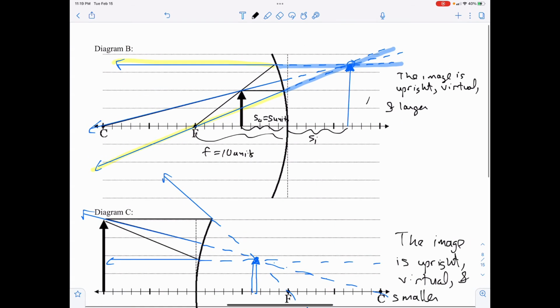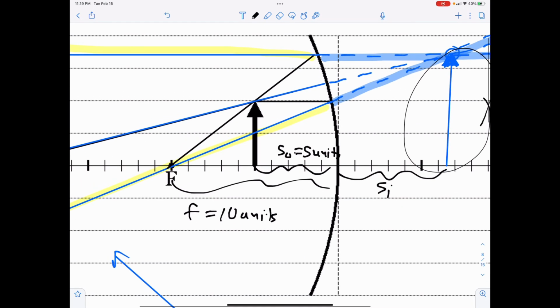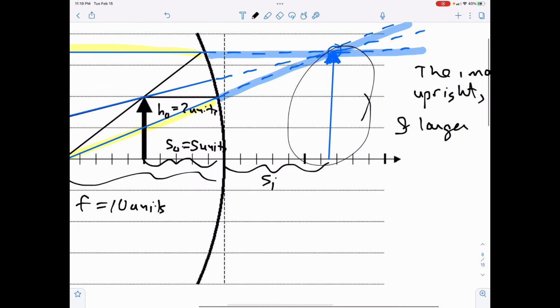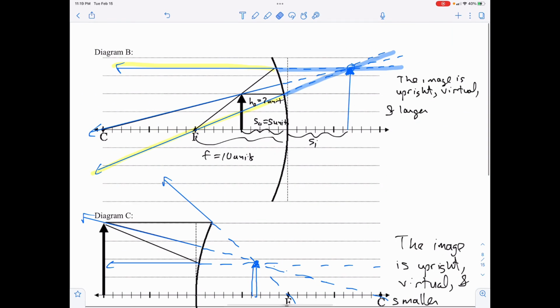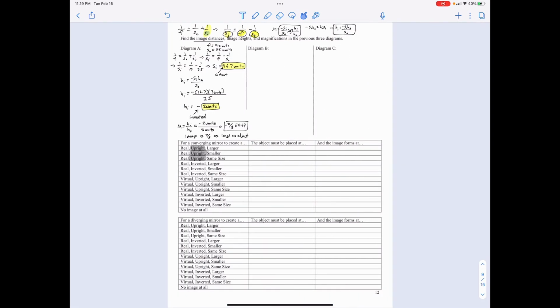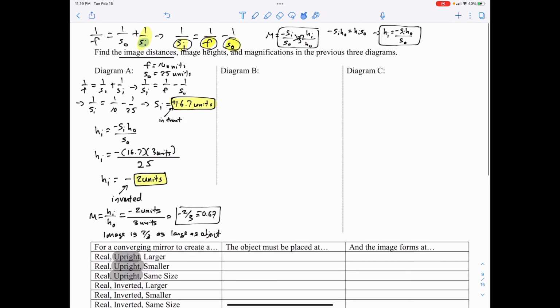We should expect the height to be larger. So if the HO, the object height, is 2 units, we expect the image height to be 3 or greater units because it's going to be bigger. Okay.